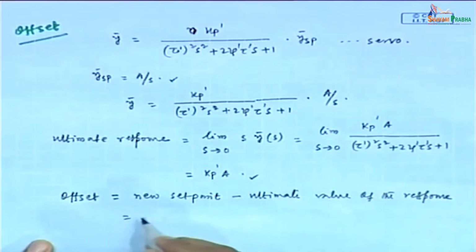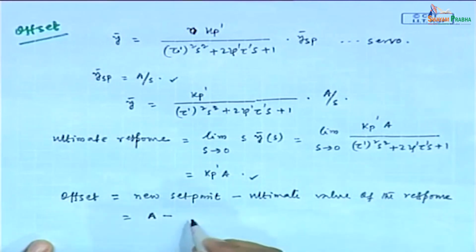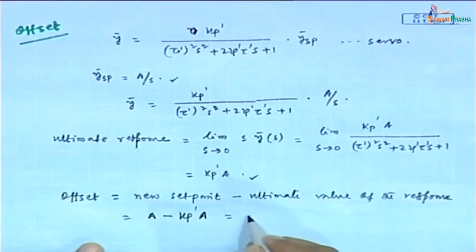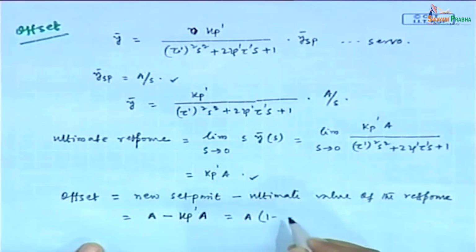So new set point is A and ultimate value is Kp prime A. So offset is A multiplied by 1 minus Kp prime.